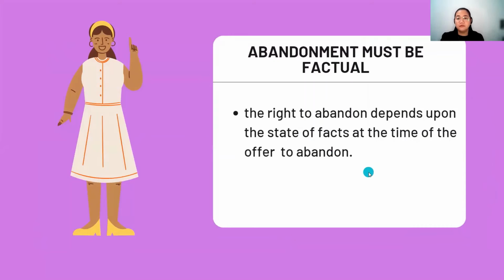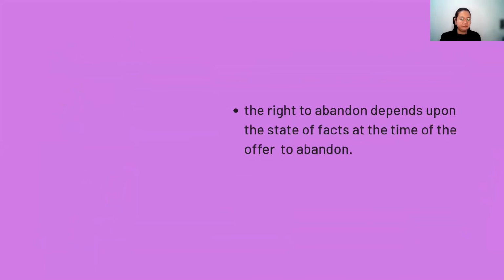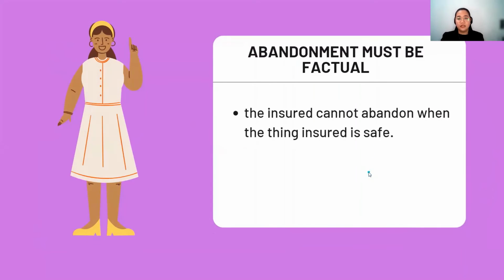So abandonment must also be factual. The right to abandon depends upon the state of facts at the time of the offer to abandon. The insured cannot abandon when the thing insured is safe, or when the insured knew that at the time of the offer to abandon, the vessel has been repaired and is successfully pursuing her voyage.